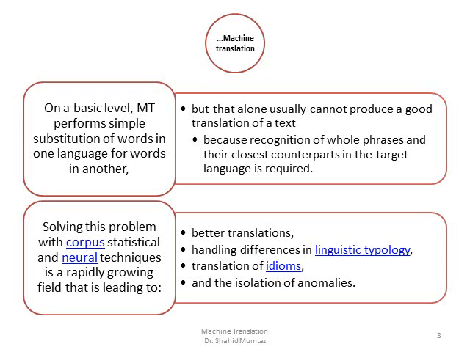On a basic level, machine translation performs a simple substitution of words in one language for words in another. Basically, machine translation just substitutes words of one language with the words of another language, but that alone cannot produce a good translation of text.